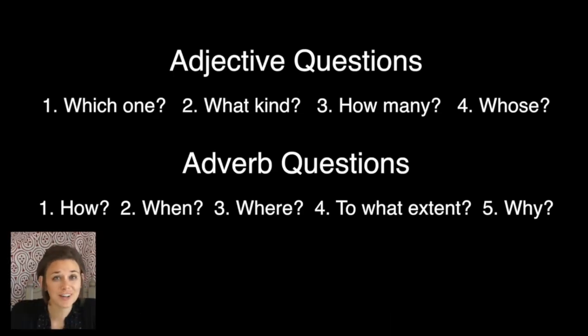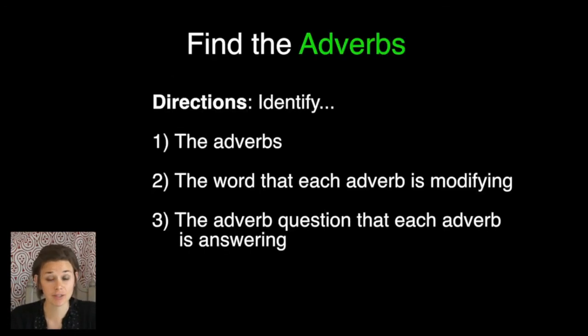Now, before you diagram your sentences, as usual, we are going to do an exercise in finding the adverbs. So keep in mind the adverb questions. Maybe you have them on a little sheet of paper next to you, some place that you can easily look at them. And as you're looking at these sentences, you might have to first identify the adjectives if you're having a hard time.